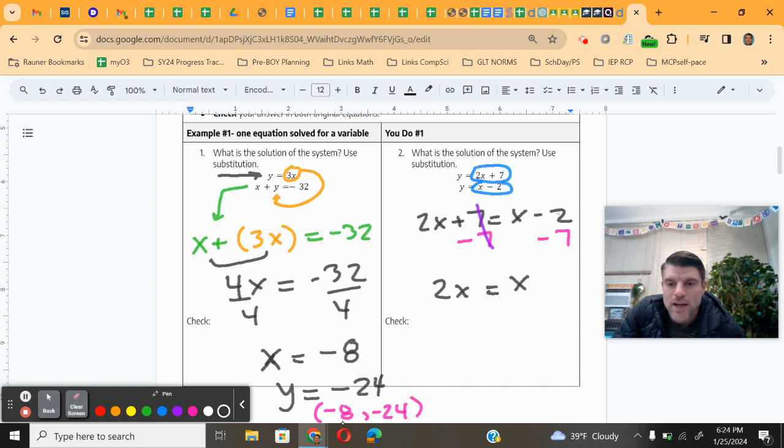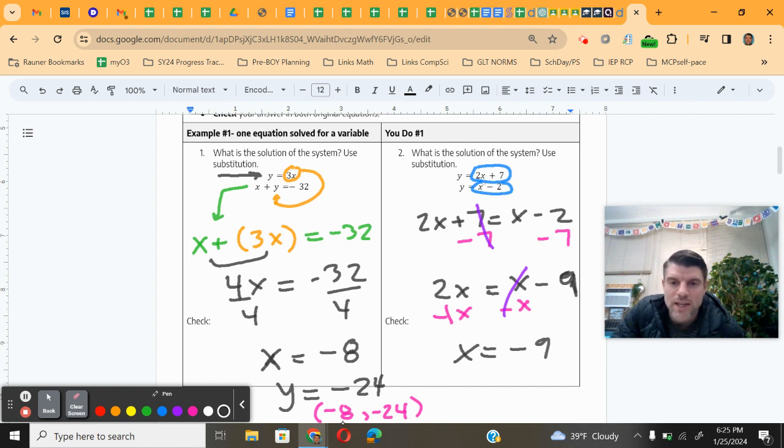I'm going to bring down the x. I'm going to get negative 9 there because negative 2 plus negative 7 is negative 9. And then I'm going to get the x on the other side by subtracting it. So 2x minus 1x is going to be just x. So the answer for x is negative 9.